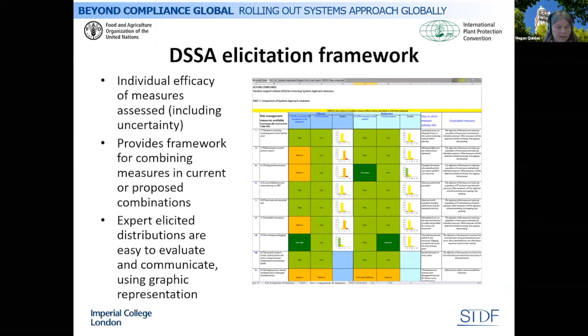But for example, if you don't have a very good diagnostic technique, or if there's other sources of this pest in trade or something, it might affect what you choose. And that leads through to listing the measures you're thinking about and rating them. This should rely on scientific information, literature, and so forth, but it also relies on expert opinion. And this is a way that you can combine them in one place.